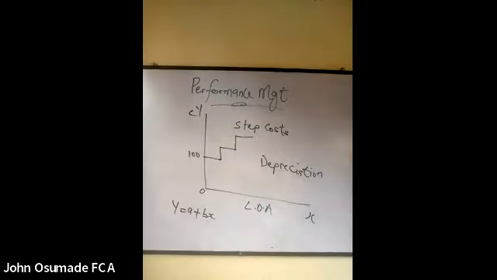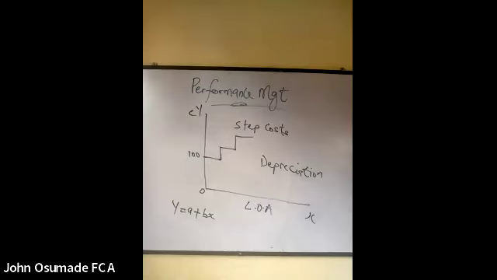If you look at my graph above, you will see x on the horizontal line, then y on the vertical line. But this y actually is the total semi-variable cost, not just the cost you see there.